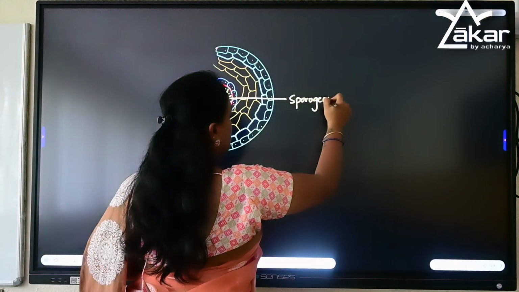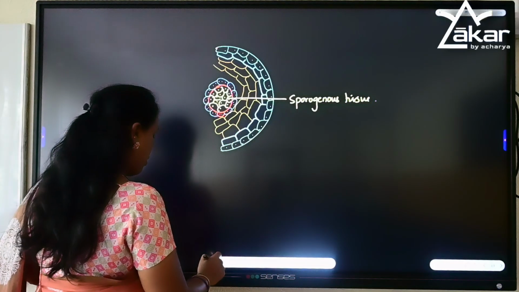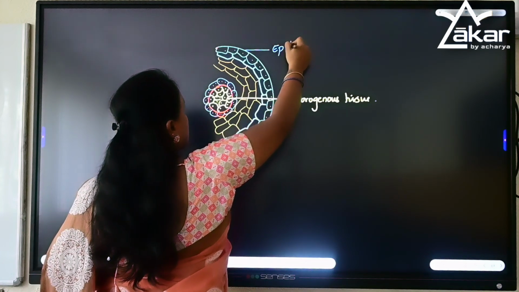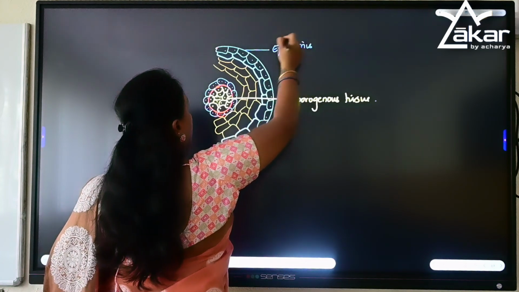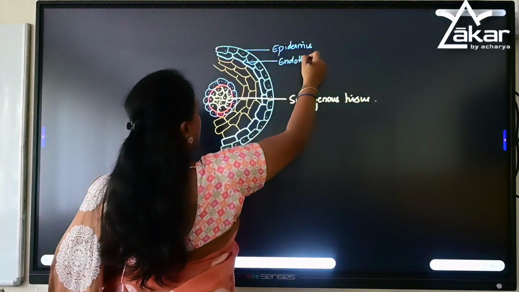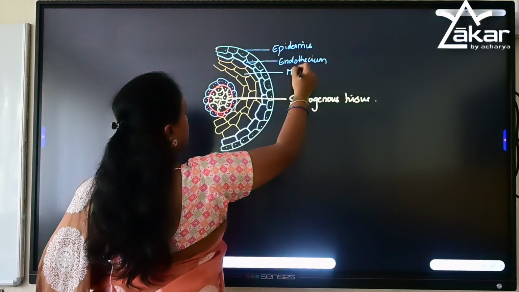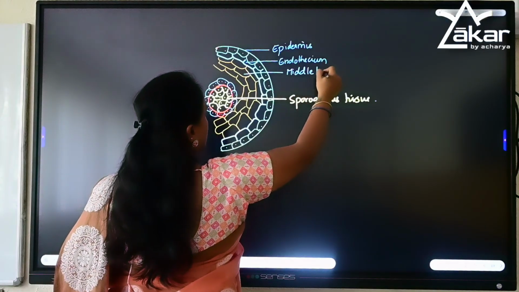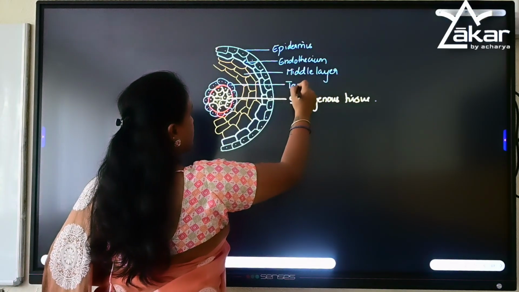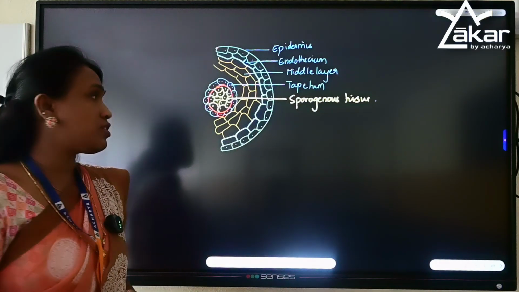So labeling once again, how will we draw? The outermost is epidermis, followed by endothecium, then the middle layer, and tapetum. So tapetum is surrounding the sporogenous tissue.